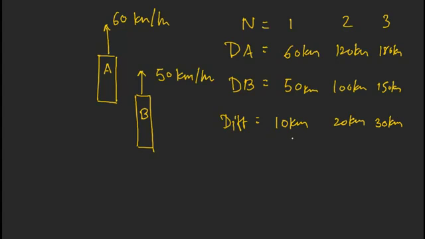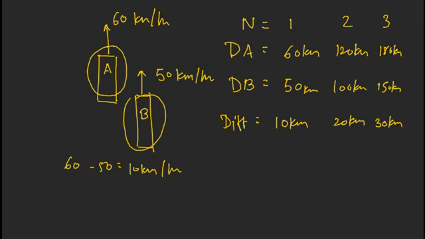So for each hour, if you observe, this car is moving farther ahead of this car by 10 kilometers, and that is precisely the relative speed, that is 60 minus 50 is 10 kilometers per hour. Why is this happening? This car is moving ahead at 10 kilometers per hour.